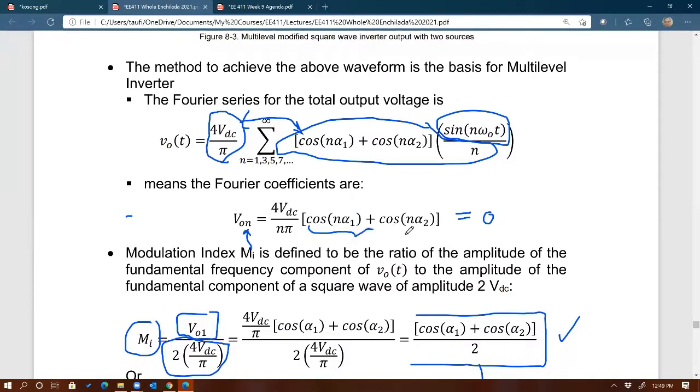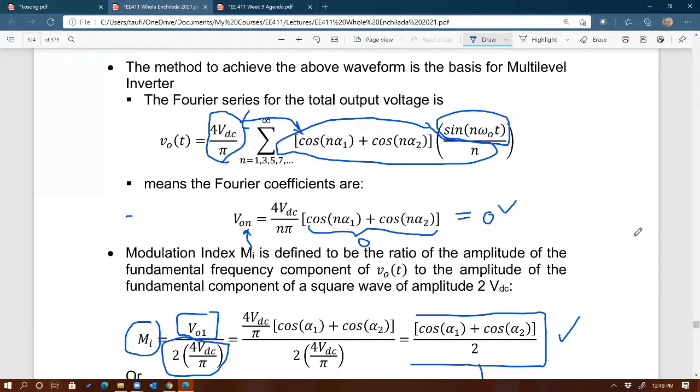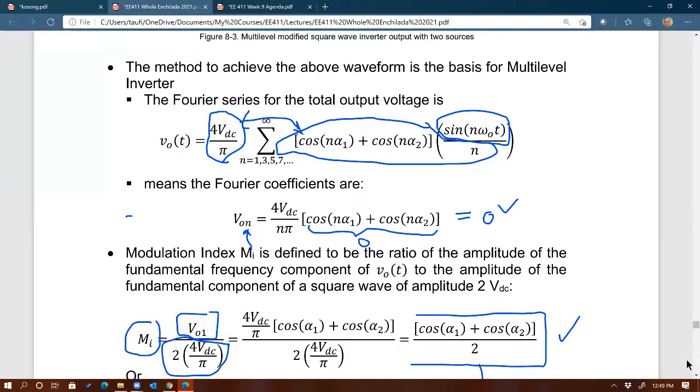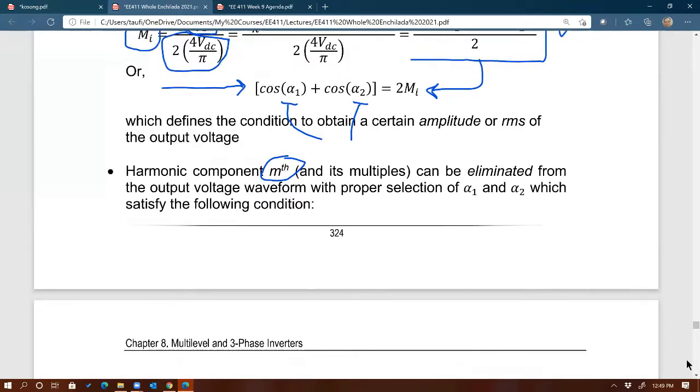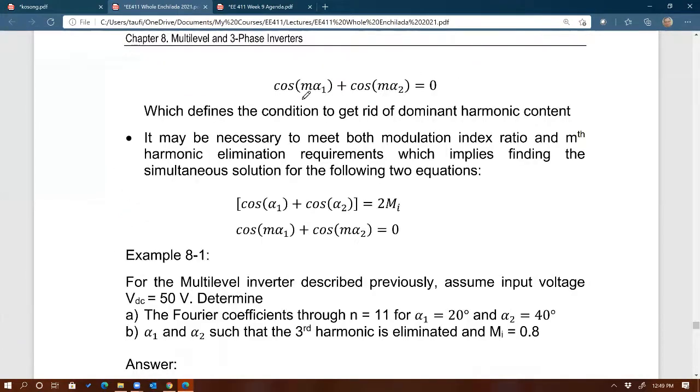If this part of the equation is 0, the product of the two will be 0. That's why the criterion for locking onto a certain harmonic number and getting rid of it comes from this. For harmonic number m, if cosine of m alpha 1 plus cosine of m alpha 2 is equal to 0, that means I can get rid of that harmonic number m.